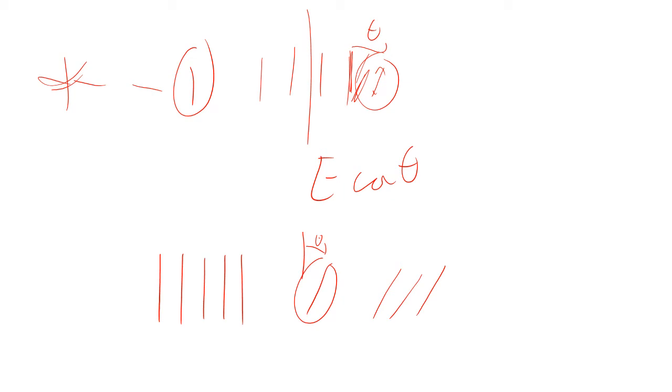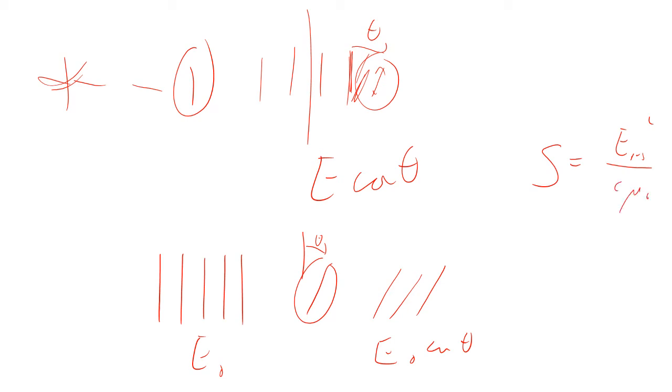If this is E naught over here, that's E naught cosine theta. Well, we know that intensity is related to the amplitude of the Poynting vector, and the amplitude of the Poynting vector is going to be E RMS squared over c mu naught.